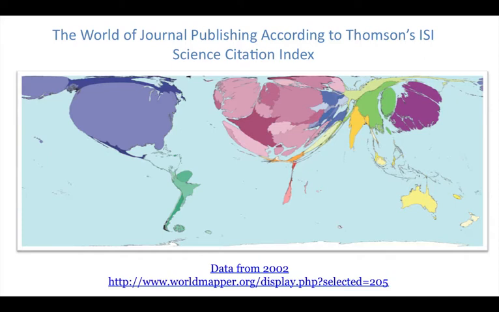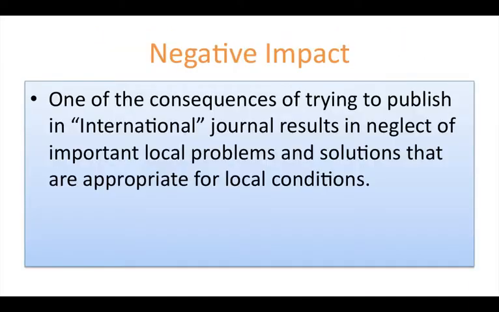This doesn't mean that there is no knowledge or research coming out of Africa. It's just that the yardstick by which research is judged to be legitimate and of quality is decided by a standard that is not fair to the rest of the world.